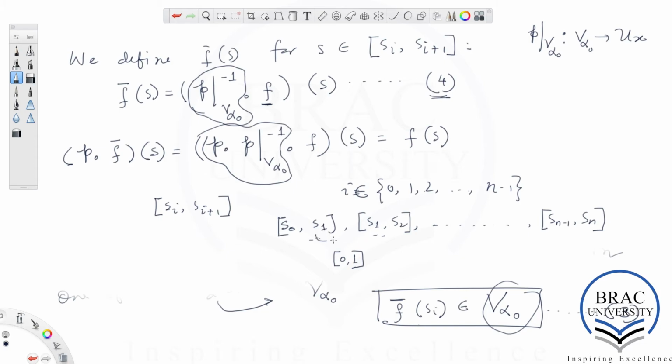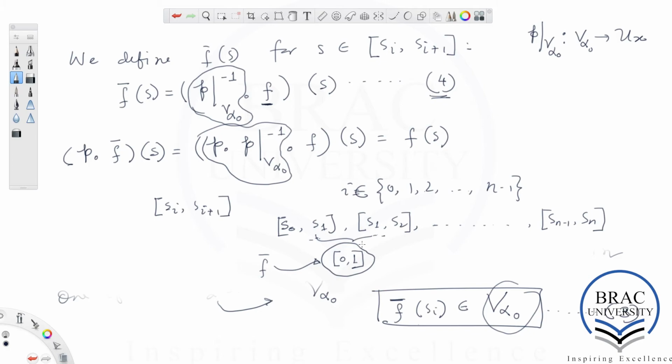Like if you take this pair, they are going to intersect at S1, and F bar on S1 is going to be the value of F bar at S1. Okay, so this way we see that by the pasting lemma, F bar can be extended on the whole of 0, 1.